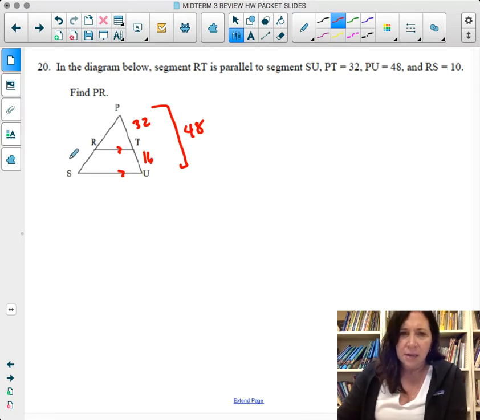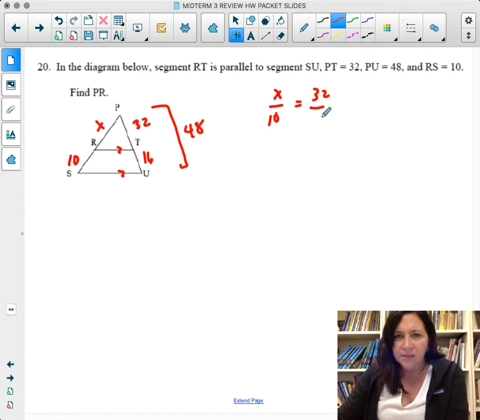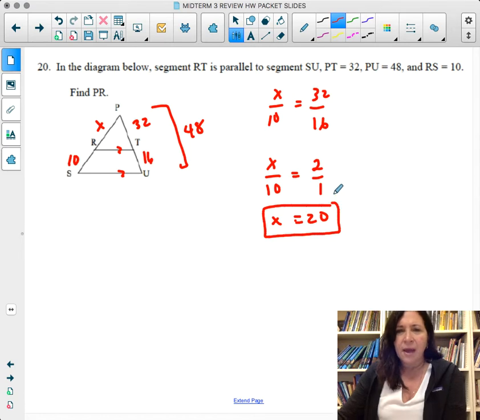RS is 10, and your job is to find PR. Well, you can just go x is to 10 as 32 is to 16. And actually that's 2. So you can go x is to 10 equals 2. x equals 20. So that's completely fine to do that.